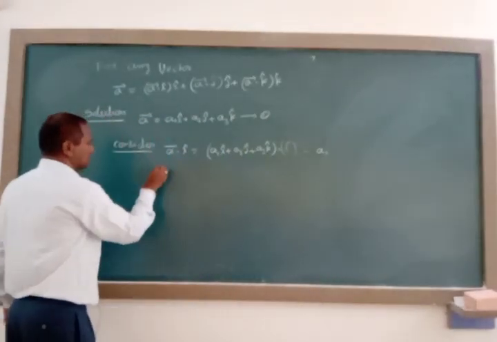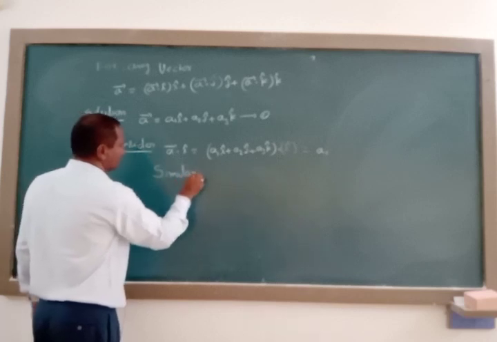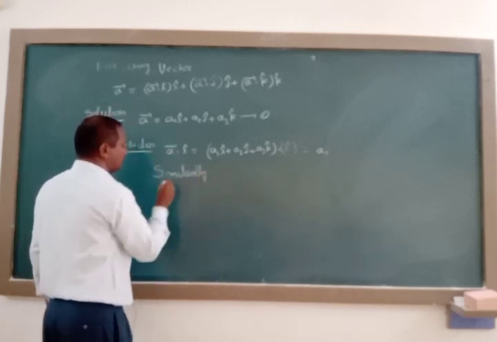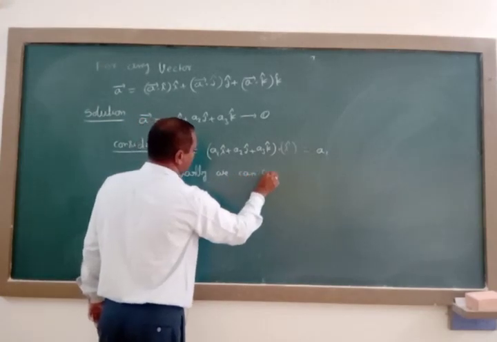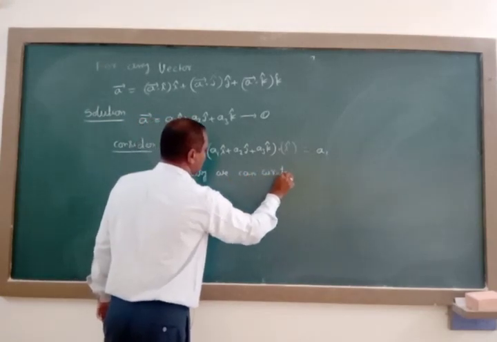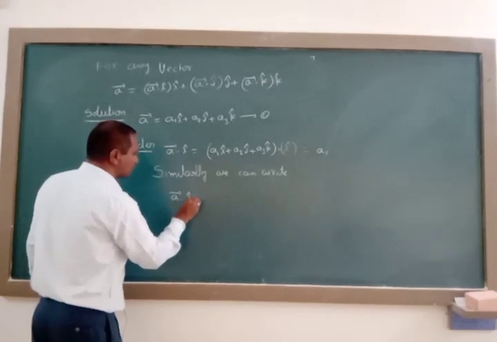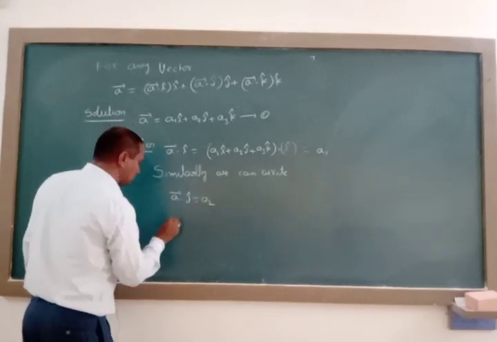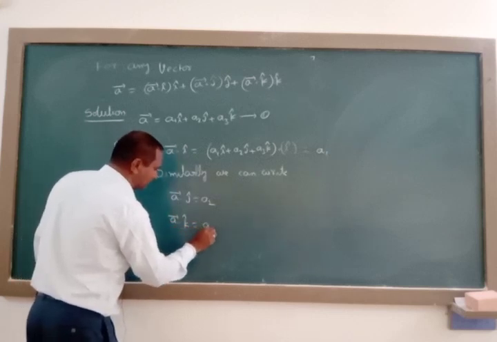Similarly we can write a bar dot j cap is equal to a2. A bar dot k cap is equal to a3.